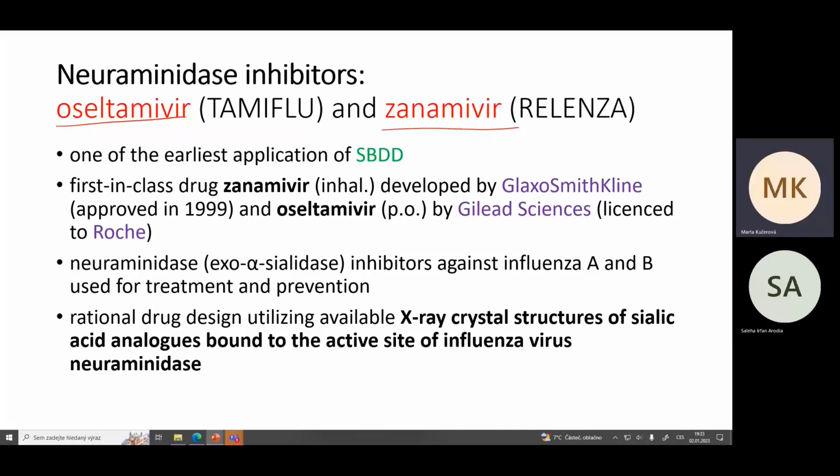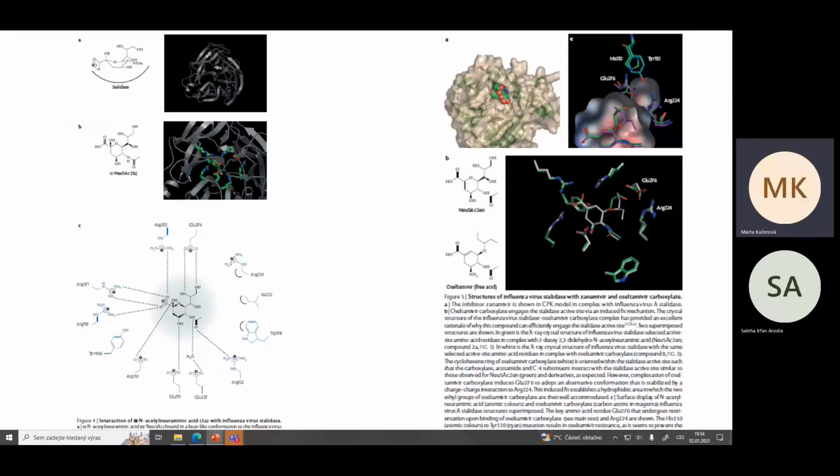So the structure of the target enzyme, which is neuraminidase, was known, and also the binding of sialic acid analogs like intermediates in the physiological pathways was known.